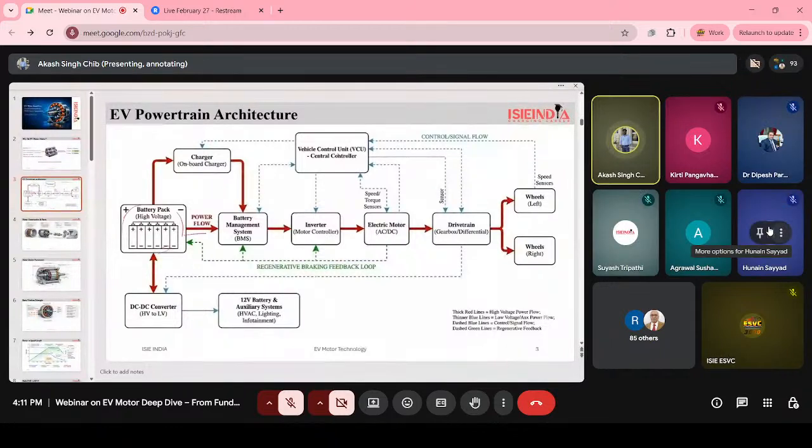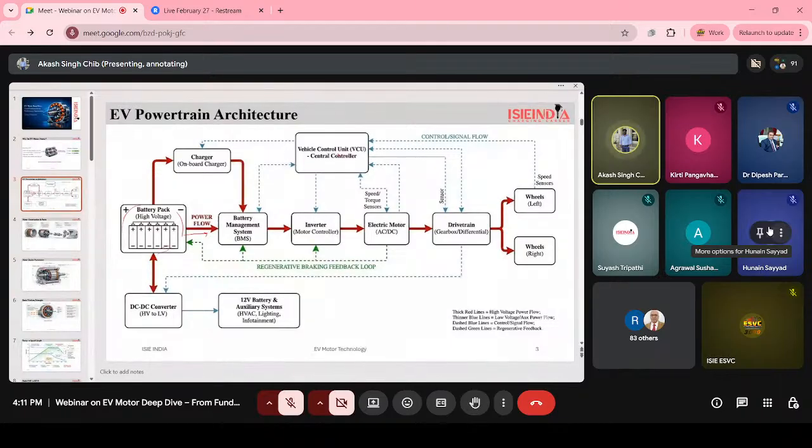Then comes the battery management system. I think you have learned in the last session about the battery management system, and about the battery parts in depth. So we are not going to discuss much about the battery part. In today's session we will discuss the motor part.